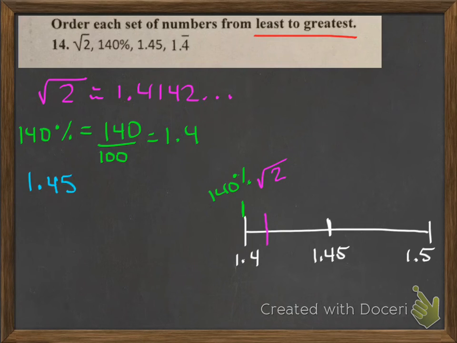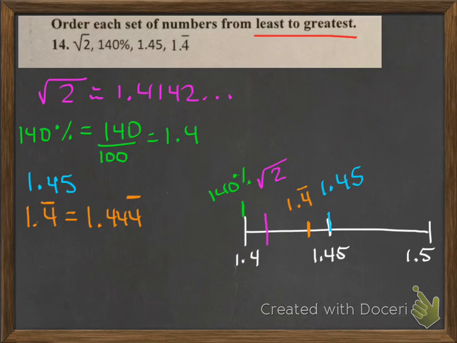So now we're going to look at 1.45. That one was pretty easy. 1.45 is a pretty straightforward number. Now we're going to look at 1.4 with a repeating sign over it. Now notice I converted 1.4 with a repeating sign to 1.4444. I did that because there's a difference between 1.4 and 1.44. Notice that orange number that we're going to put here isn't anywhere near that pink one.